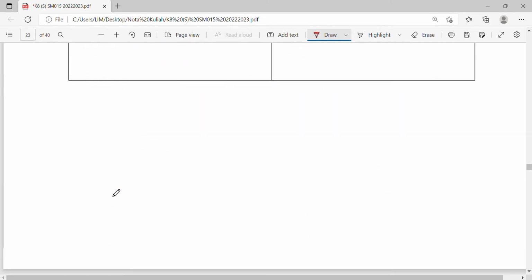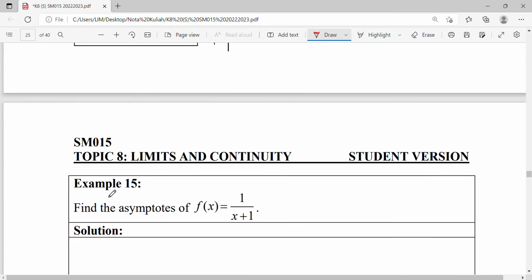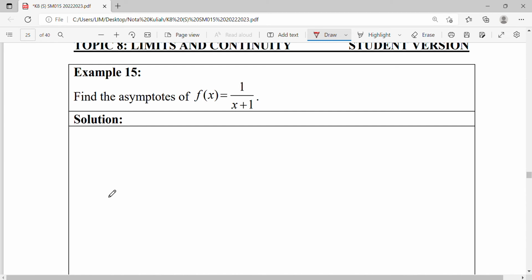Okay, so after that, kita nak lukis graph. So, okay, graphing nanti dulu. So, try to calculate this. Find the asymptotes. Carilah semua asymptote yang berkaitan dengan function ini. Okay, so we go for vertical asymptote first.